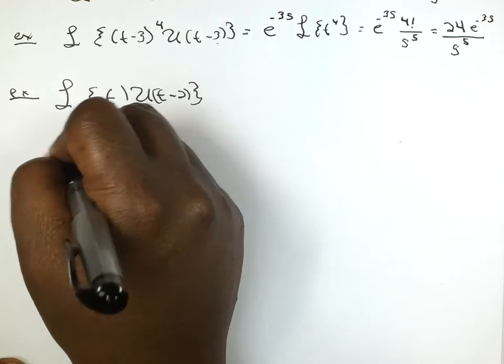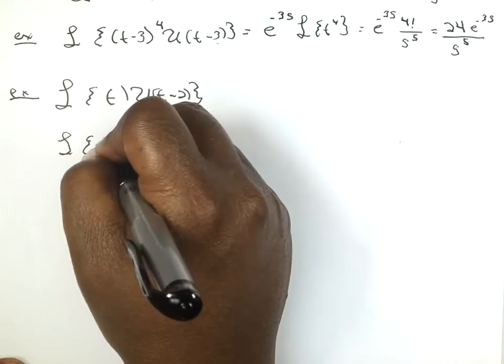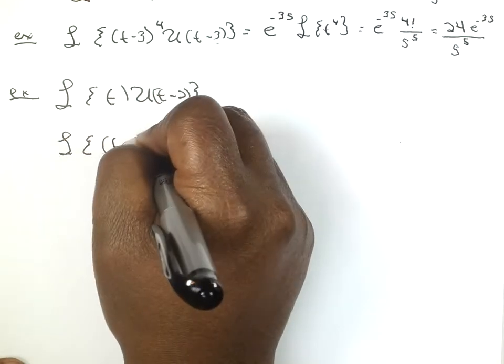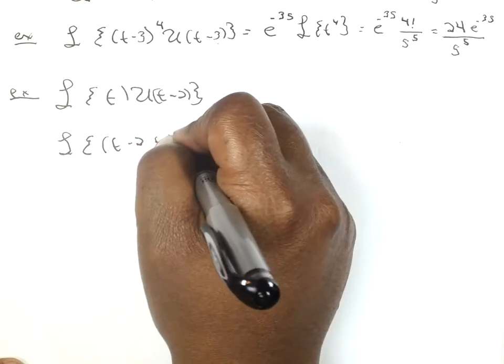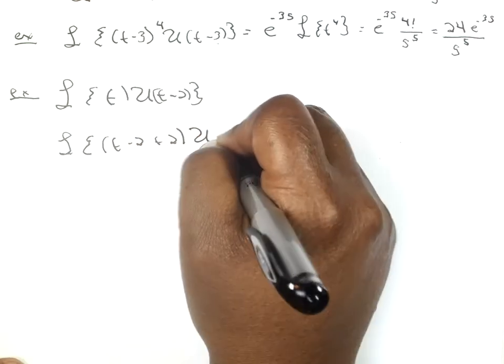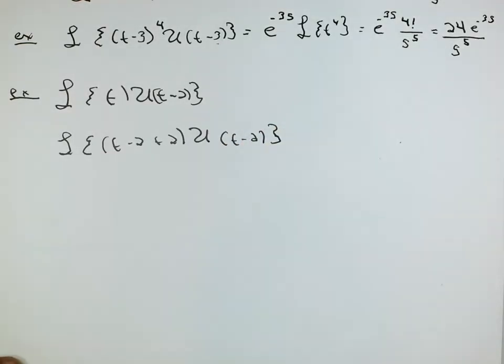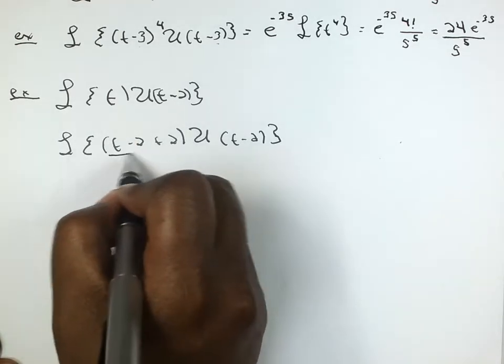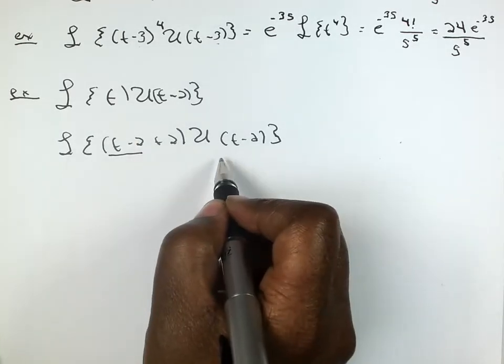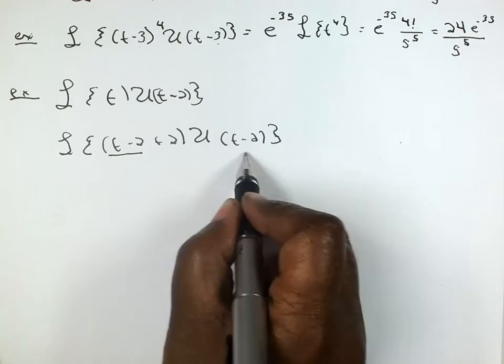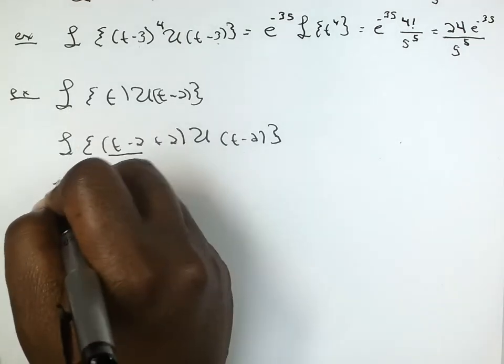And that will give me t minus 2 plus 2 times u of t minus 2. So we're going to pull these things apart. I'm going to take the t minus 2 as a unit and distribute it, and then I'll have the 2 and distribute that separately.